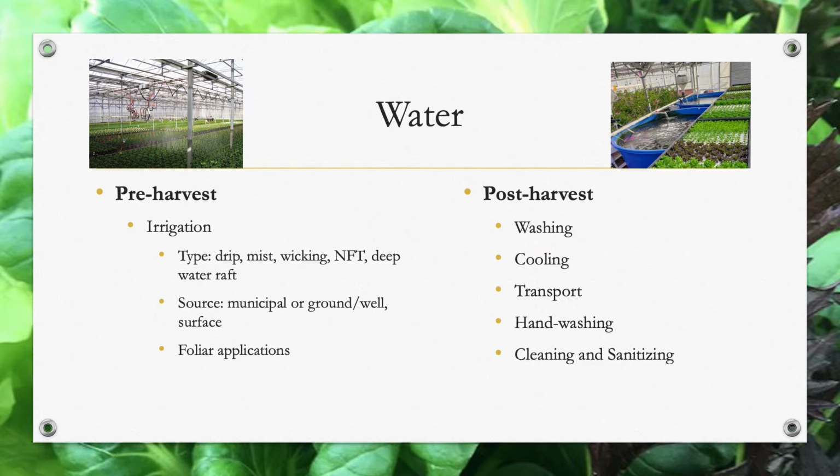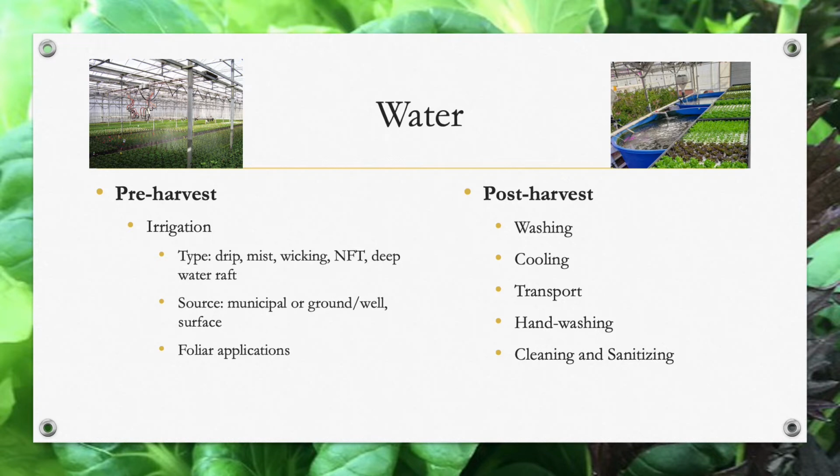When we talk about post-harvest water transportation, we're talking about larger operations that may be using flumes, sending cherry tomatoes or things of that nature down flumes for packing. That's a larger operation thing.